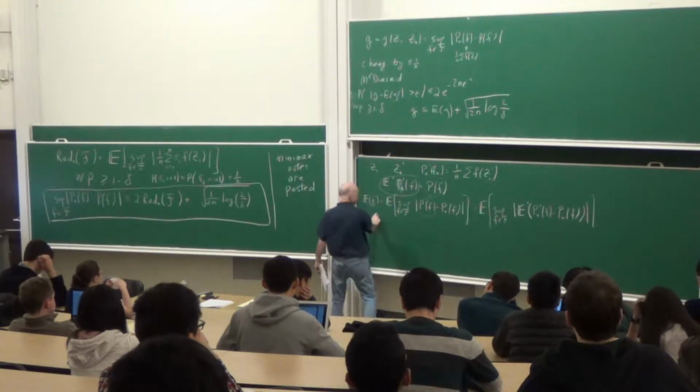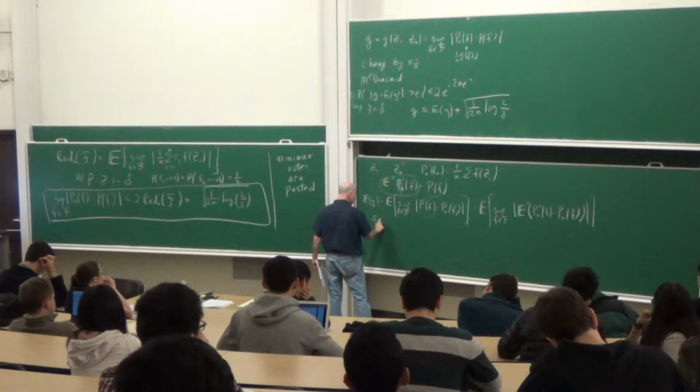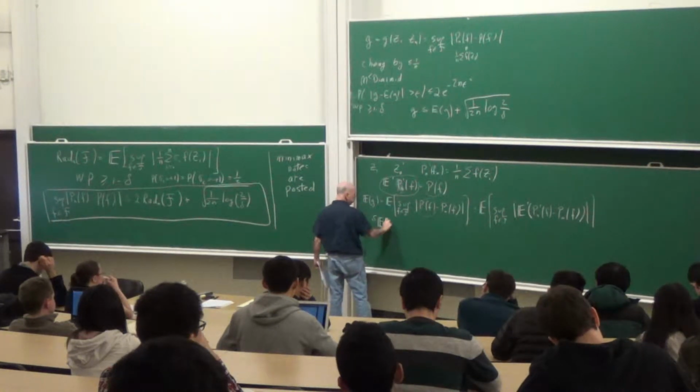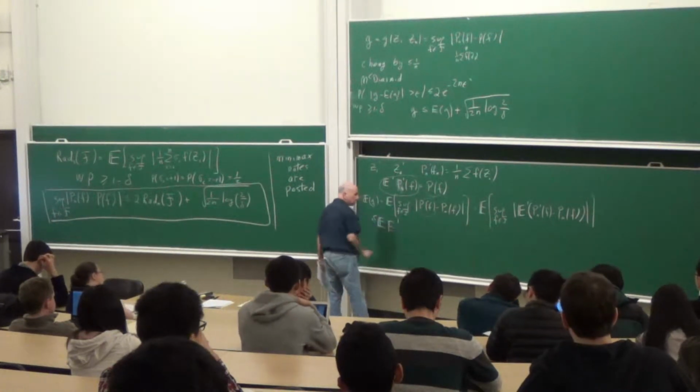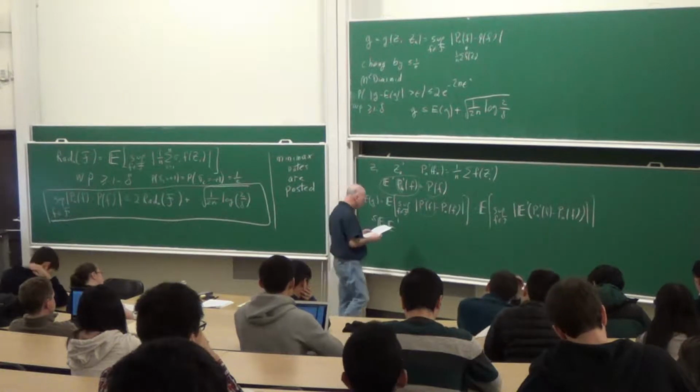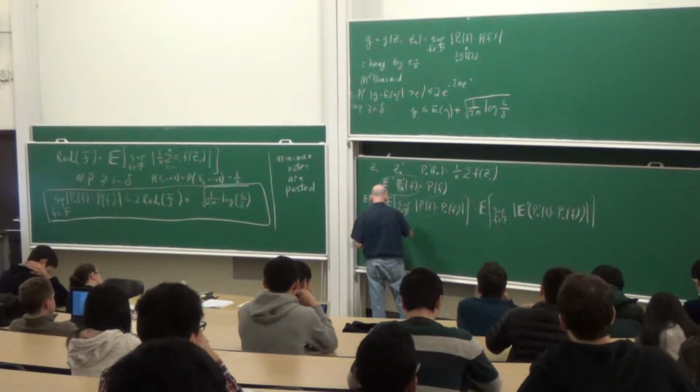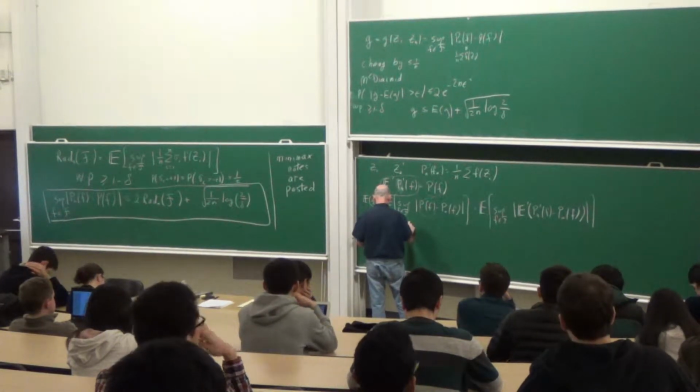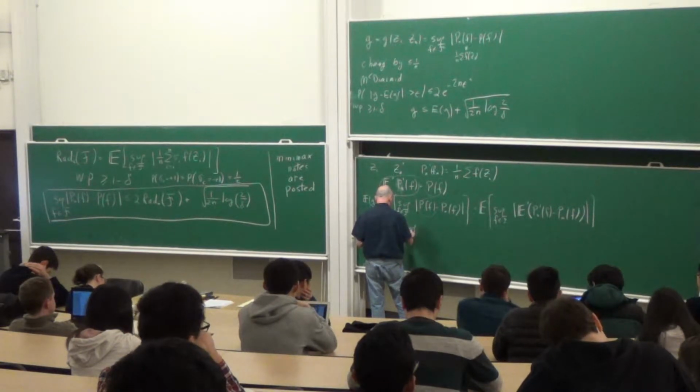So I'm claiming that this is less than or equal to the expected value over the original sample, expected value over the ghost sample of what's left over. So this is the supremum.